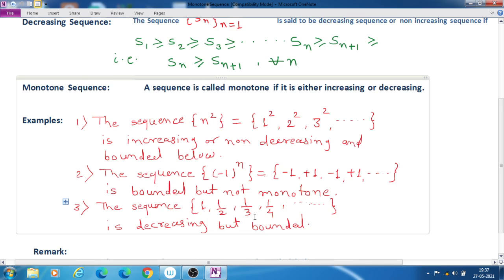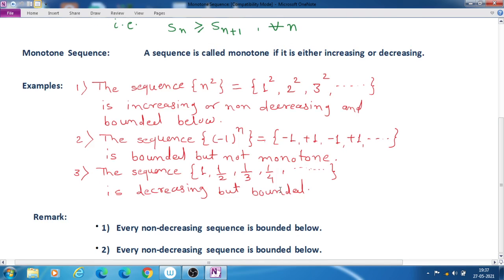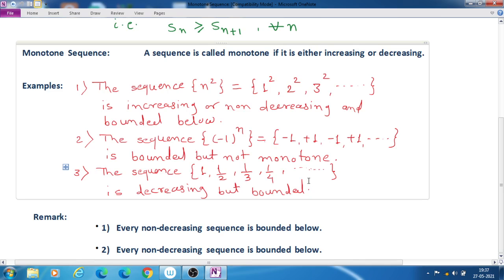And the limit of 1 upon n as n tends to infinity is nothing but 0. Finally it goes to 0, and therefore its lower bound is 0 and its upper bound is 1. Both the bounds are here. Therefore the sequence is bounded and it is a decreasing sequence.